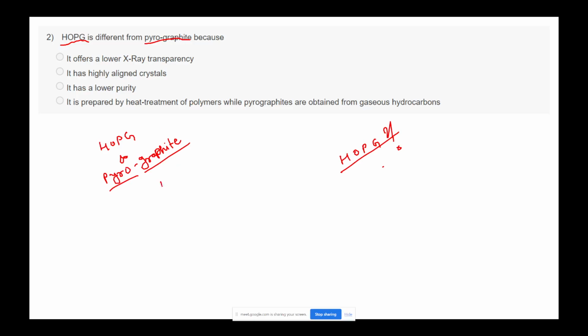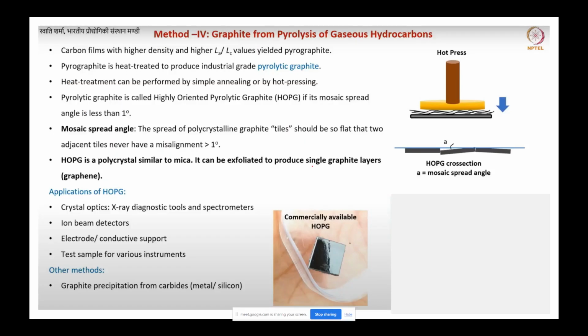HOPG is highly oriented pyrolytic graphite, and then pyrographite. Okay, so it is different because of what? In this slide we will see what the answer is and why it is different.